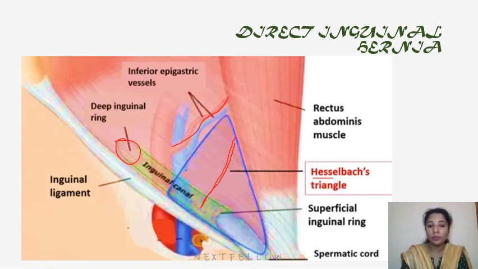So a hernia medial to this obliterated umbilical artery is called medial direct inguinal hernia, and if it is lateral to the obliterated umbilical artery, it is the lateral one. So the direct inguinal hernia may be either medial or lateral, whereas indirect inguinal hernia can be complete or incomplete. So these are the varieties.